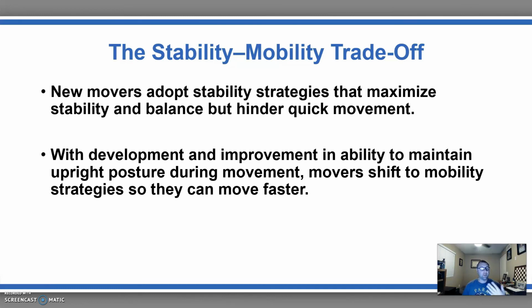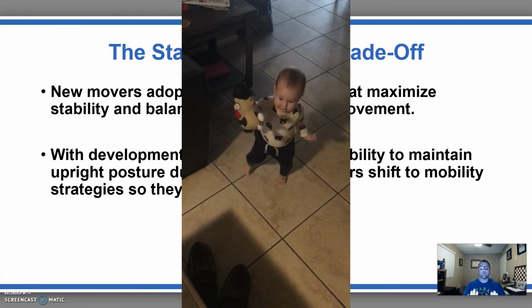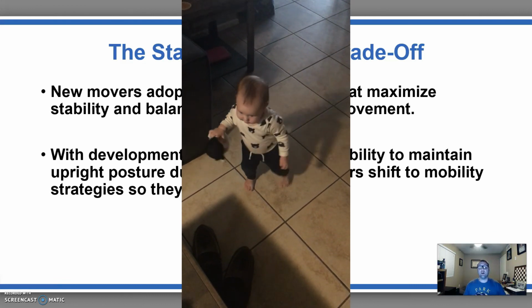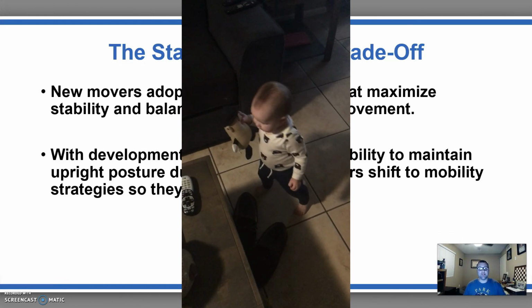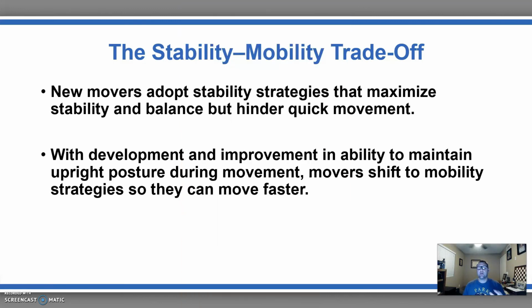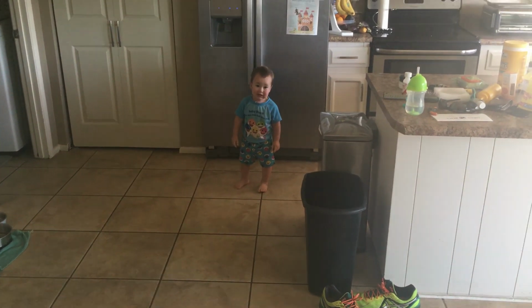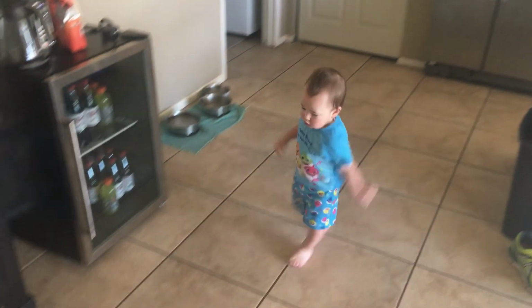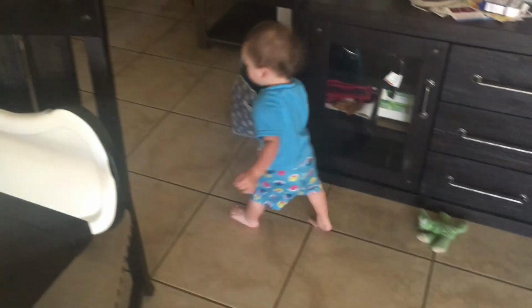This is why when you first start to ambulate, you don't stand up and run, because you can't move fast and maintain stability. You stand up and take very, very slow, short steps, because that's all the faster you can move to maintain your stability with balance. As you develop, you're going to be able to maintain that upright posture, start running, start using agility, and overall move faster and in different directions.